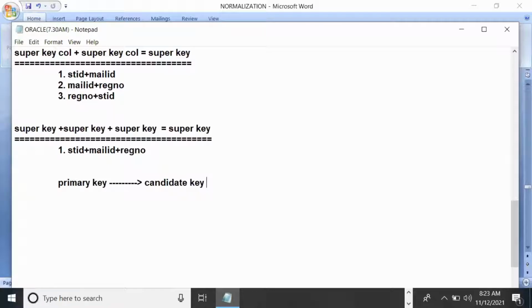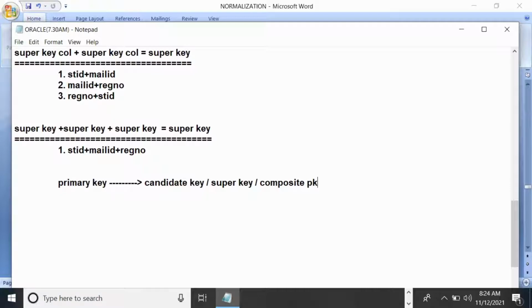A primary key is called a super key. A primary key is called a composite primary key, etc. These all have the same meaning as primary key. So a primary key has different names.